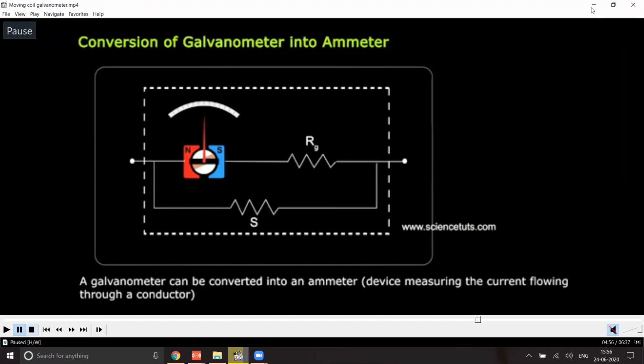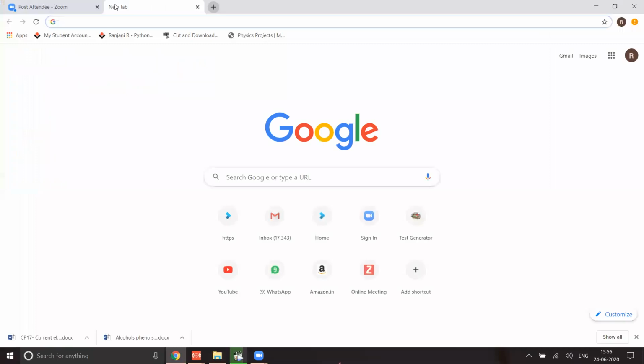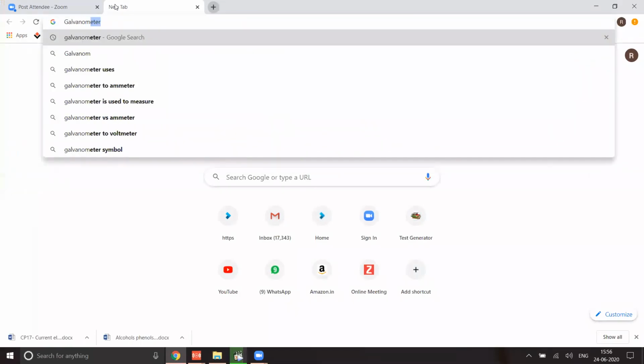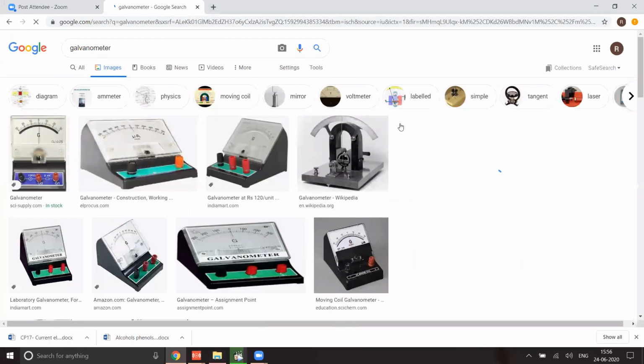Let me show you how a real-time galvanometer looks like. Have you seen it? No, sir. No, right? So this is how a real-time device will look like.